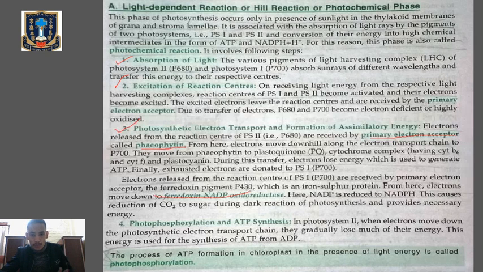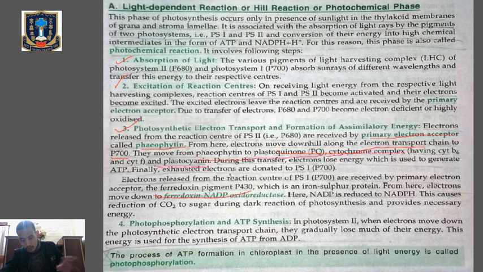So in case of PS2, once the pheophytin, the primary electron acceptor, will receive the electrons, the electron moves downhill along the electron transport chain to P700 that we have learned already. So from PS2, the electron goes to the primary electron acceptor, and from there the electron moves towards the P700. Okay, so they will move from pheophytin to plastoquinone, cytochrome complex, and also plastocyanin.